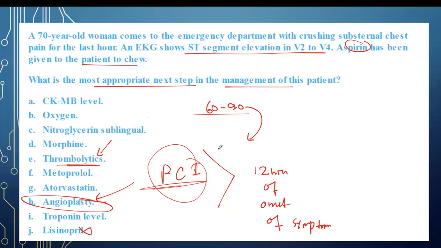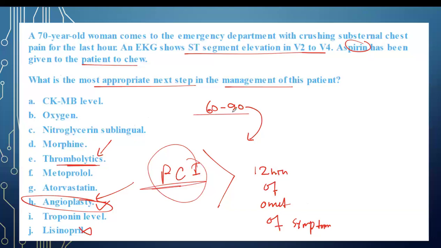So within 12 hours of cardiac chest pain, you can either go for angioplasty or thrombolytics. But between angioplasty and thrombolytics, definitely angioplasty is the best approach. If your hospital doesn't have a catheter lab, you're in a rural hospital, then thrombolytics can be done. But both of them are within 12 hours of symptom onset.